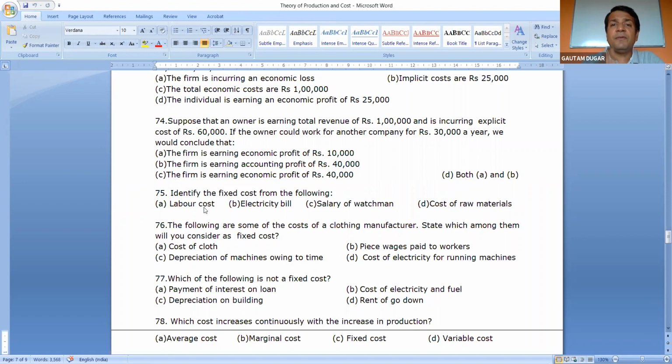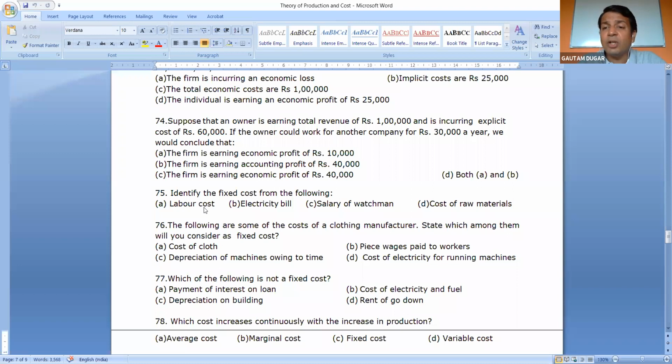Again, one more thing: if you have stopped your production process for 15 days because of lockdown, if you have stopped your production for 1 month because of this lockdown, definitely your electricity cost would be zero, except the meter rent. The electricity bill will not be there. You will not have to pay wages to the laborer. Labor cost in economics means which you're paying to the laborers.